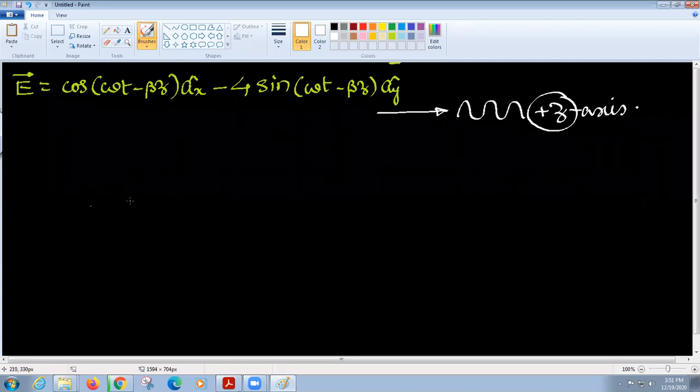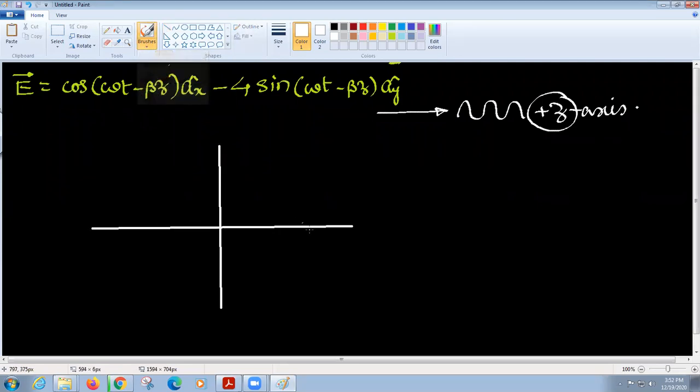Let me draw it like this: this is x, this is y. I take z equal to 0. Since the wave is propagating toward us, z equal to 0 means this point. Now I'm resting on the transverse plane, and I want to play on my transverse plane now.